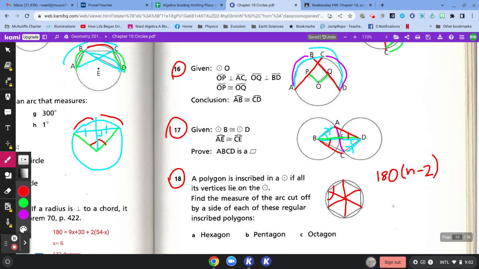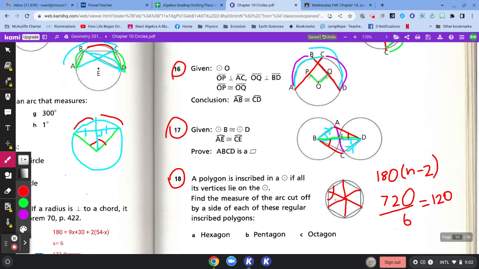720 degrees, and we divide 720 by 6 to get all of those interior angles, and we get 120. So that's 120 there.